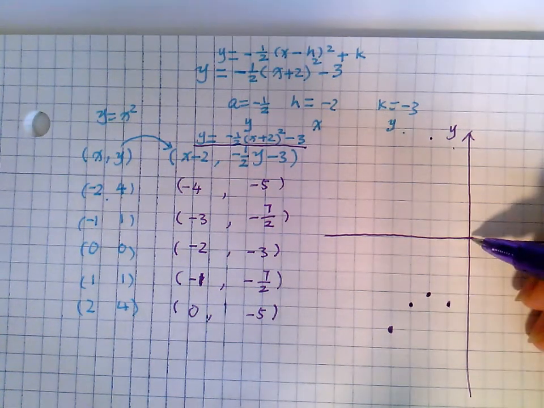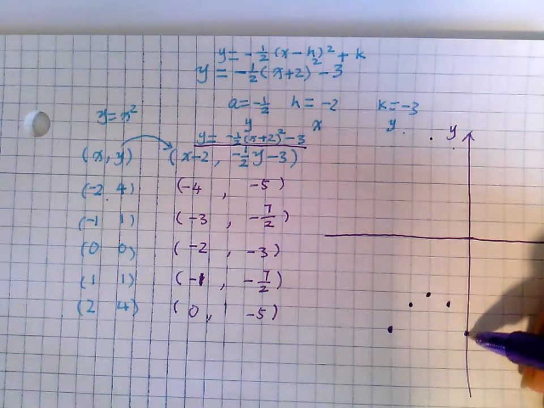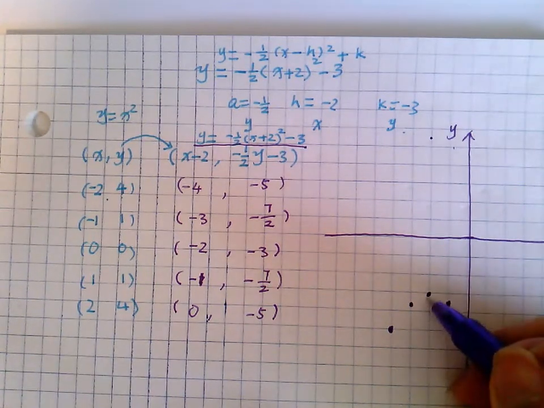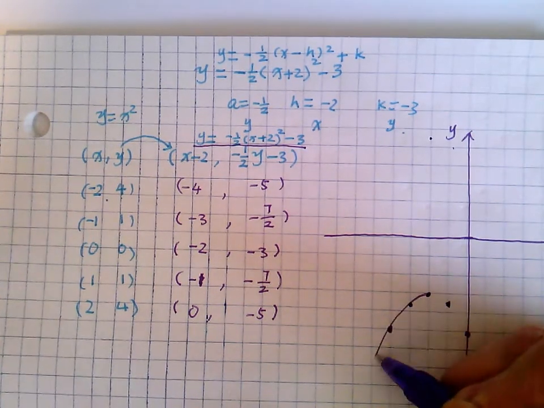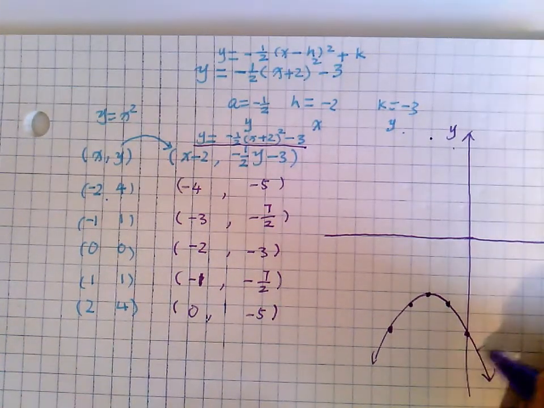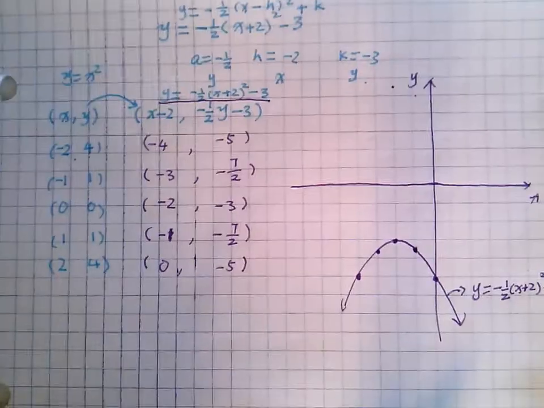And then it's 0, negative 5. 1, 2, 3, 4, 5. Okay, and you can see that those points are symmetrical. This is your new graph, y equals negative 1/2 (x plus 2) squared minus 3. Okay, so that is your new graph.